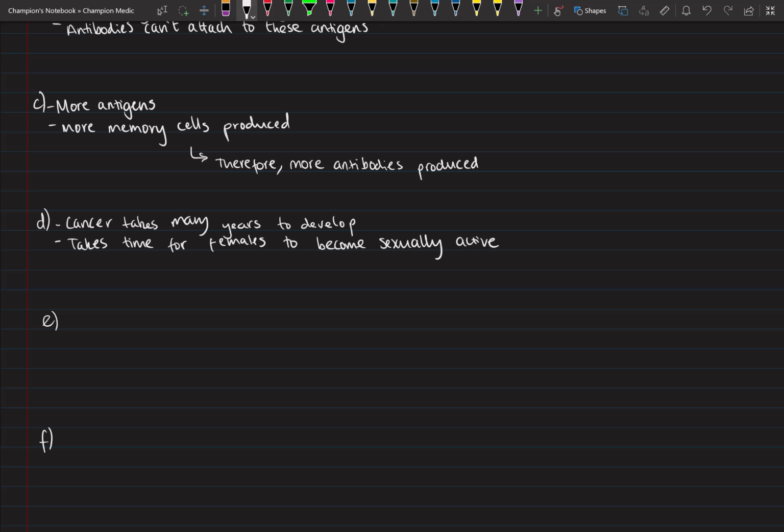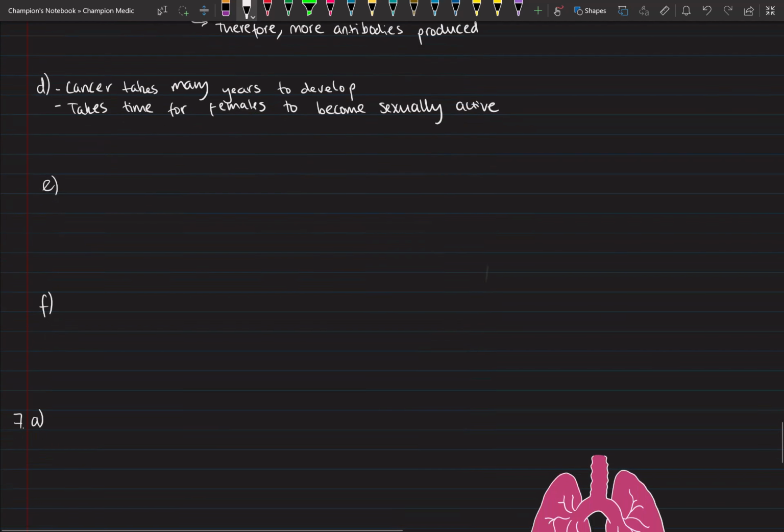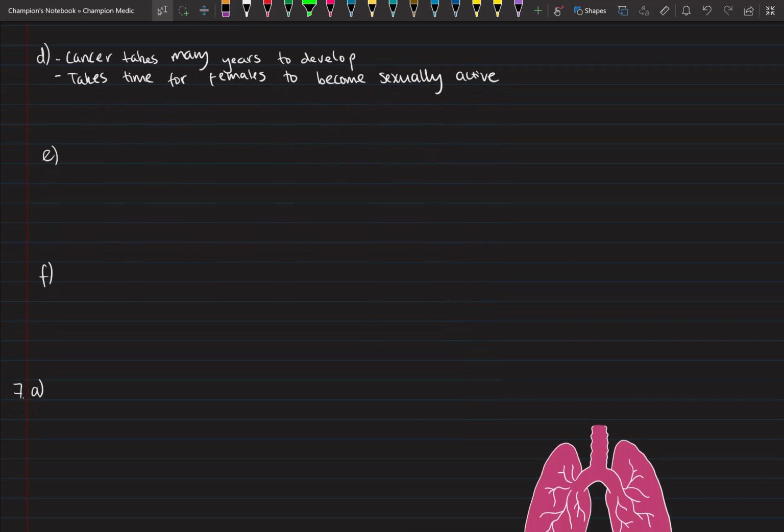So those two things combined means it will take many, many years for us to even see if the vaccine works.